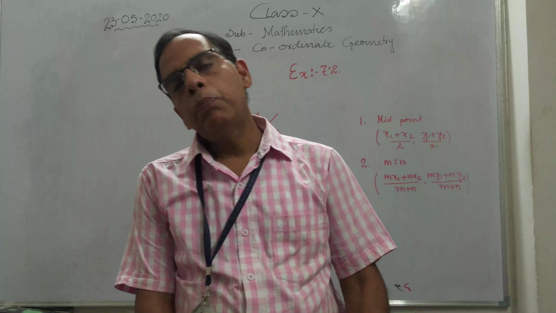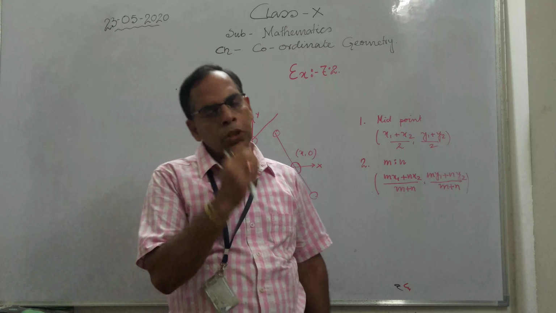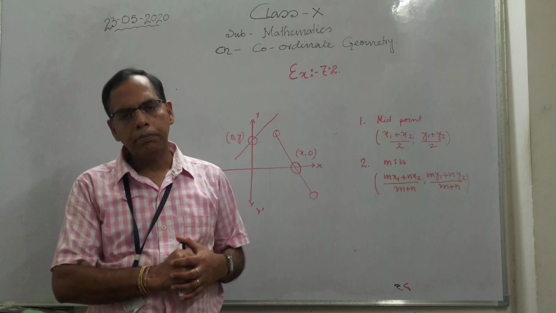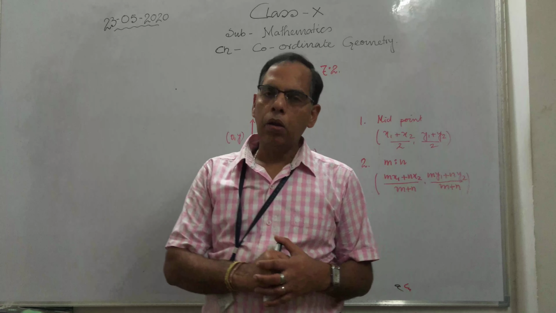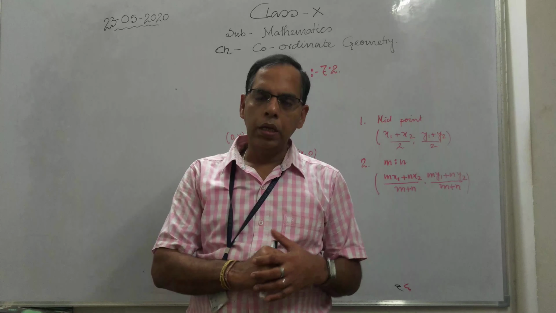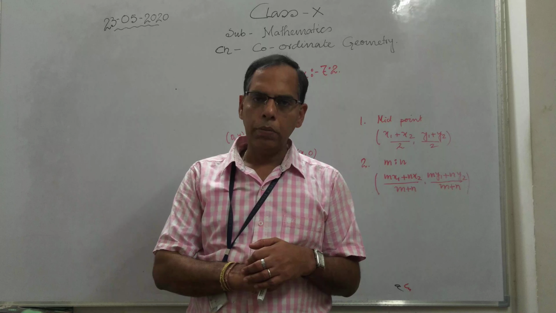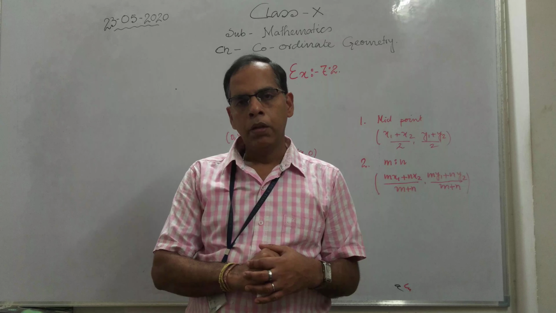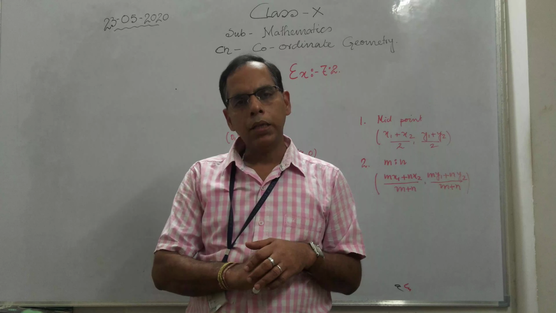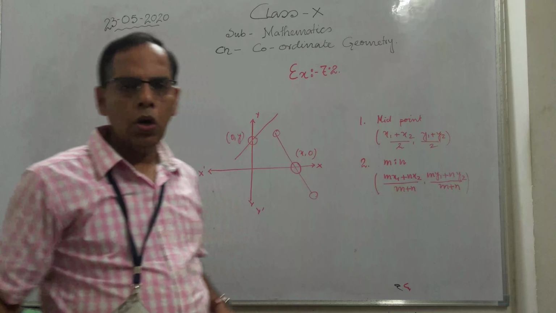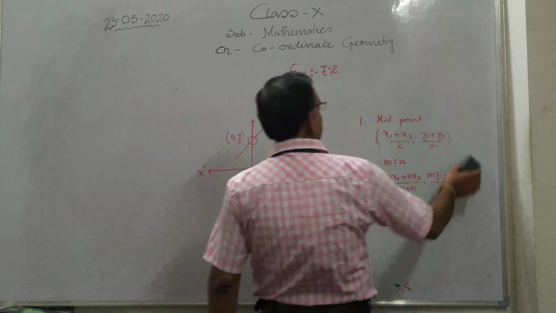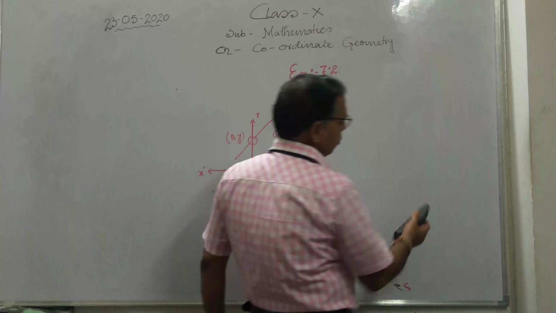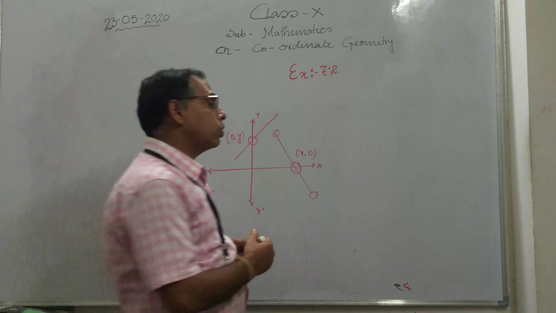Before I start with the solution, do you remember the properties of a parallelogram? The most important property of a parallelogram is that the diagonals of a parallelogram bisect each other. So if the diagonals bisect each other, and the opposite vertices are there, what relation will you get?